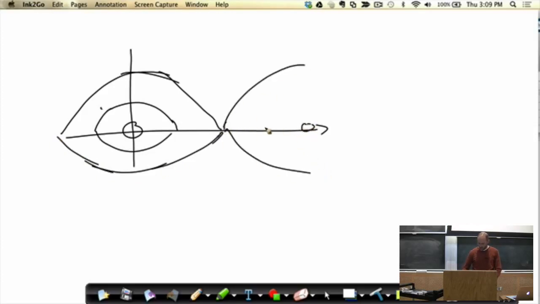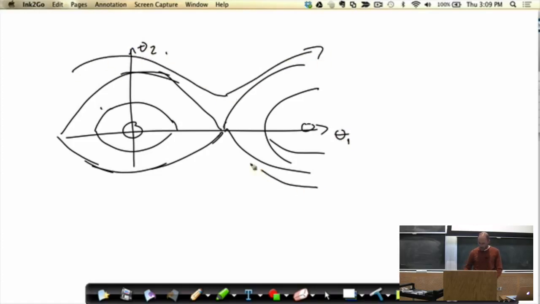Right, and another fixed point over here. Theta 1 versus theta 2, right? And then we had trajectories that look like this, trajectories that look like this, right?